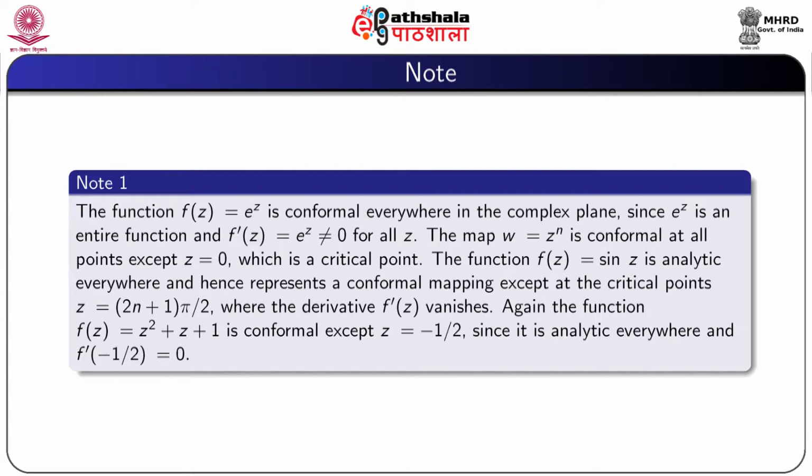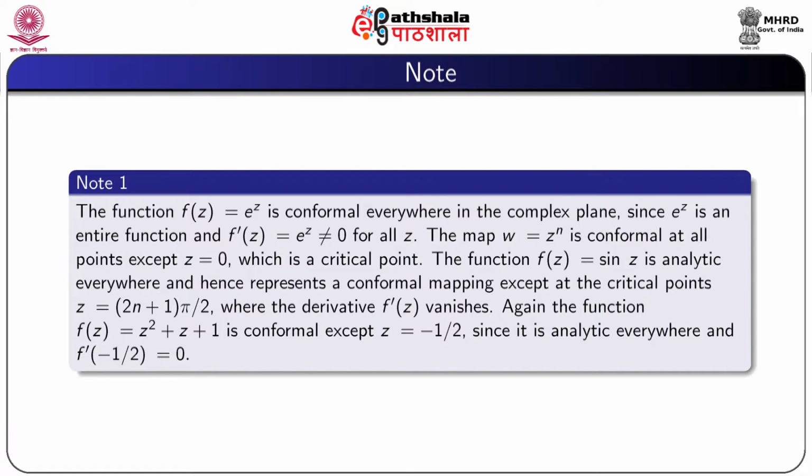So, note the function f z equal to e to the power z is conformal everywhere in the complex plane, because e to the power z is an entire function and f dash z equal to e to the power z, which is not 0 for all z. The map W equal to z to the power n is conformal at all points except z equal to 0, which is a critical point.